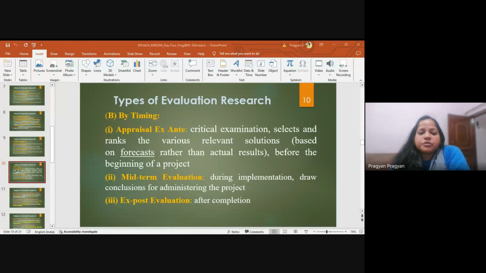But evaluation research is a research tool in the sense that its outcome is going to help you not only modify your understanding in the development process, but also alter the impact or the outcome of a particular development process.